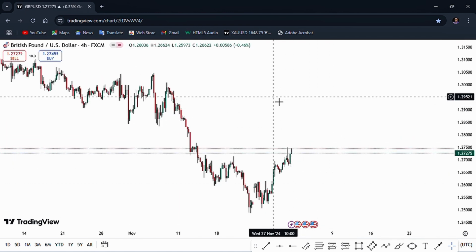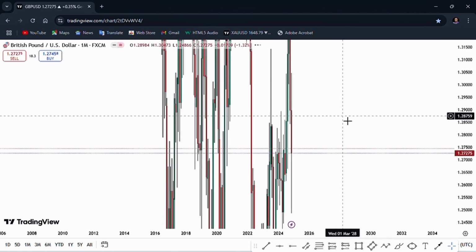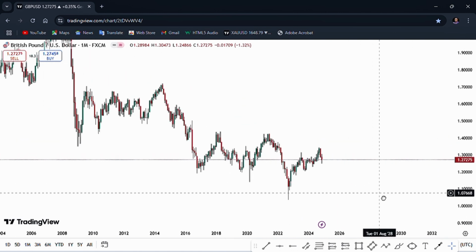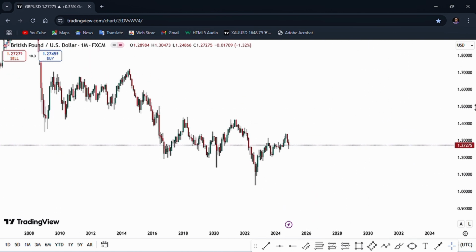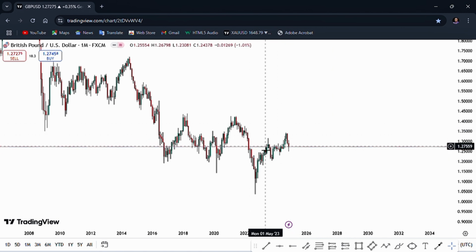Now on GBP/USD, let me go down to the monthly time frame. So guys, at a point in time, I was skeptical that GBP/USD had turned and wanted to start heading higher. Why?